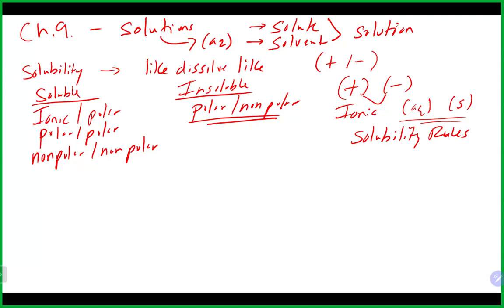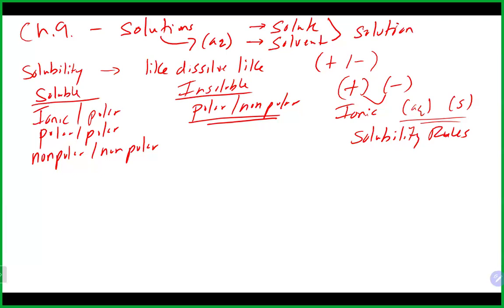There are certain things that no matter what you put with them, they're going to be soluble in everything. So things in group one, things that have nitrate, things that have ammonium, they are soluble in everything. So if you see any of those things in the chemical formula for an ionic compound, you should think that it should be soluble. There are certain things that are still soluble, like chlorides, bromides, and iodides in most things.